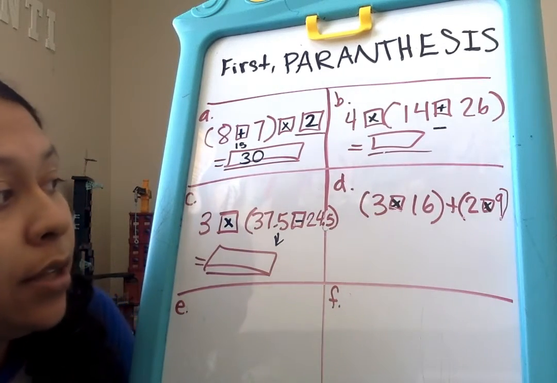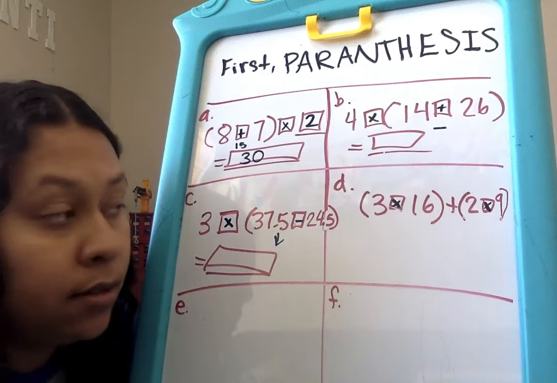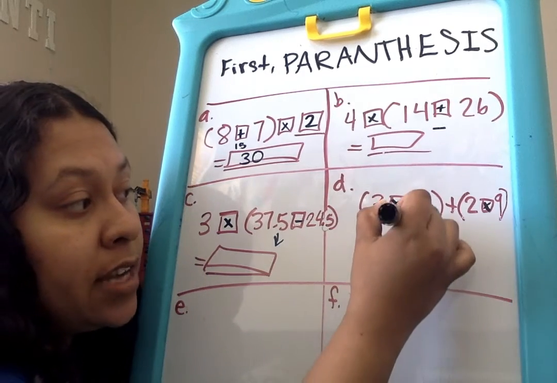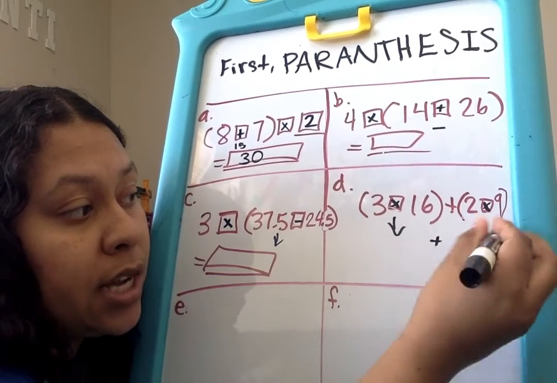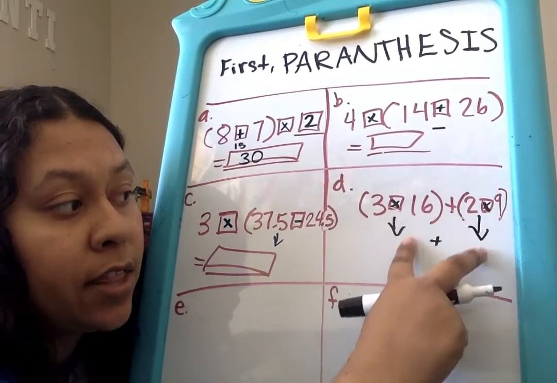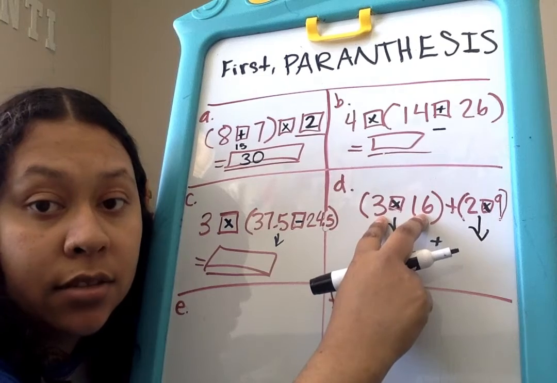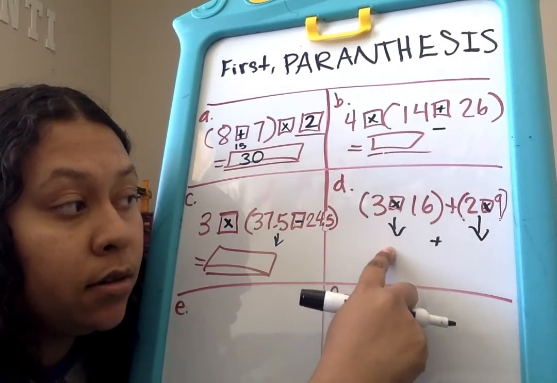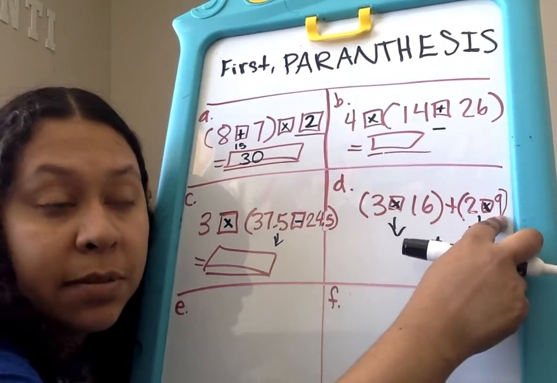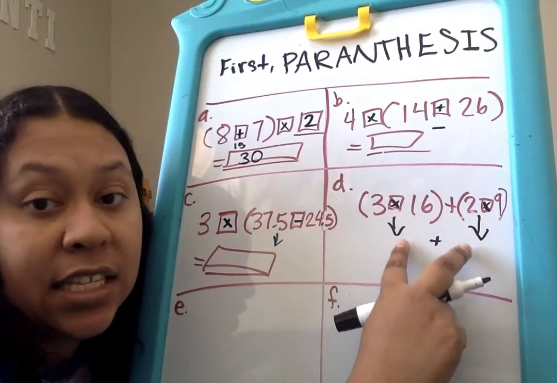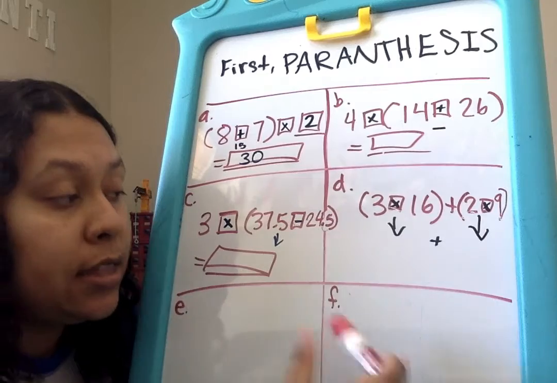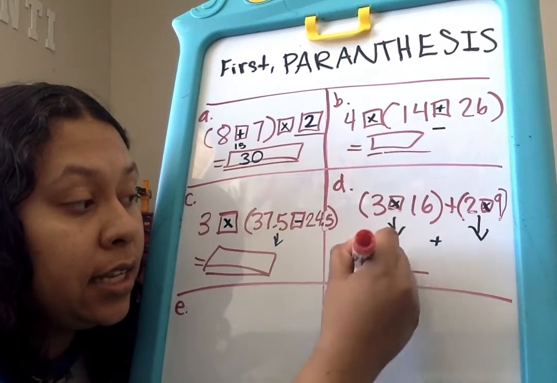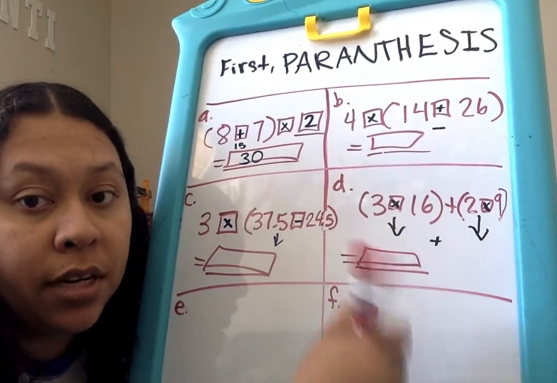So solve 3 times 16, solve 2 times 9, and then add these two answers together to get your final answer. And then you'll need to plug that in the blank below right here.